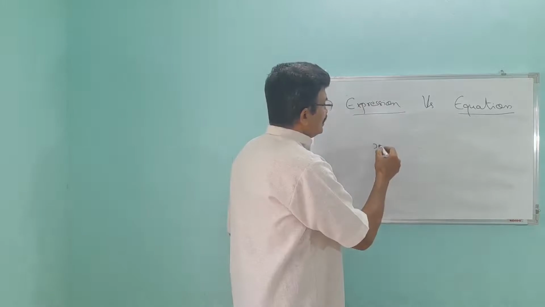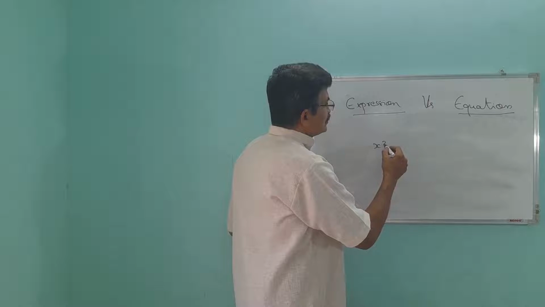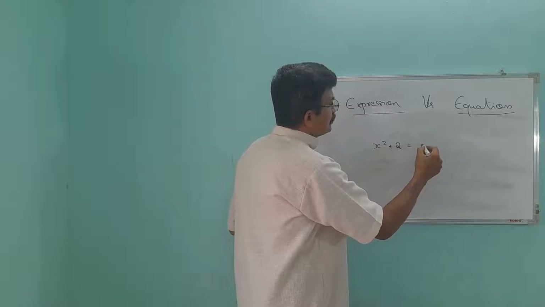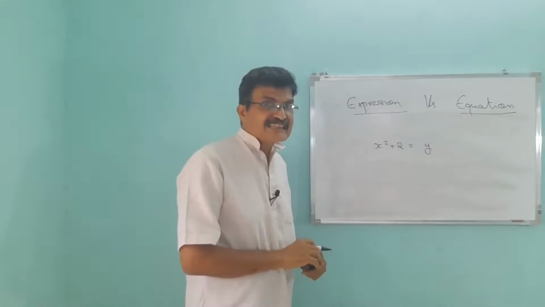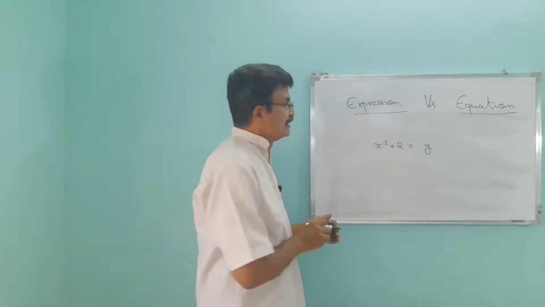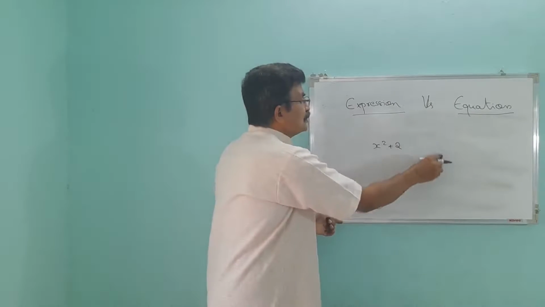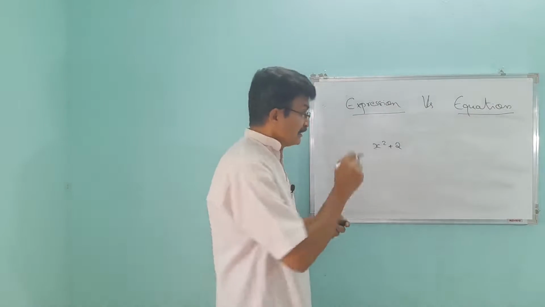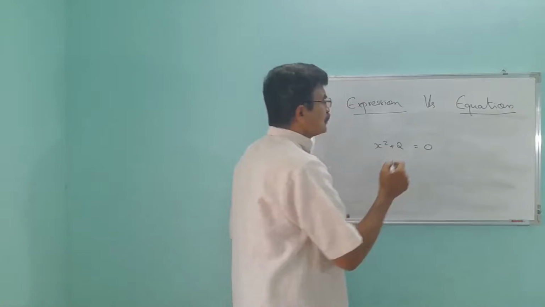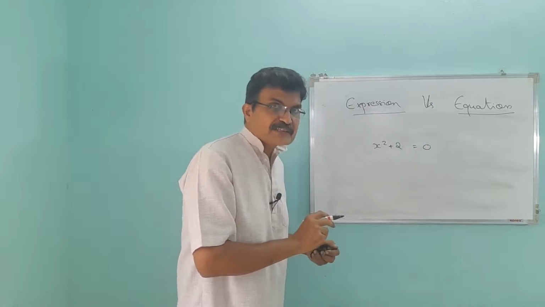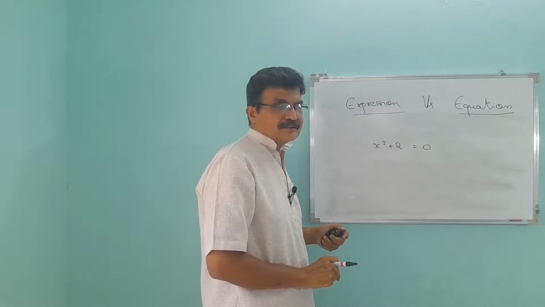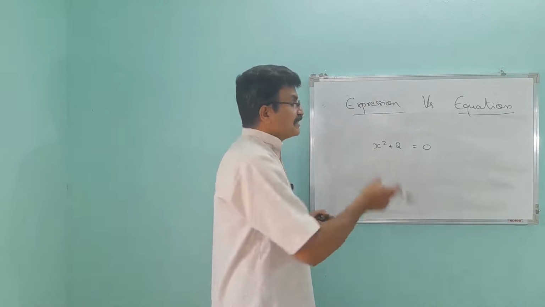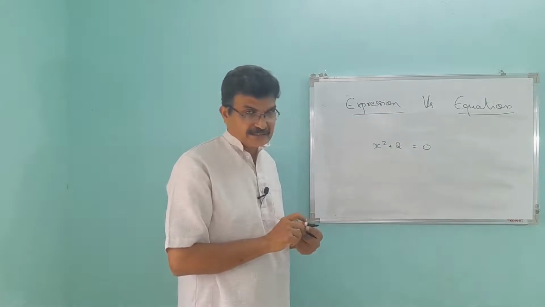For example, x square plus 2 is equal to y is an equation, but x square plus 2 is an expression. Suppose it is equal to 0, this is an equation; each side is an expression.